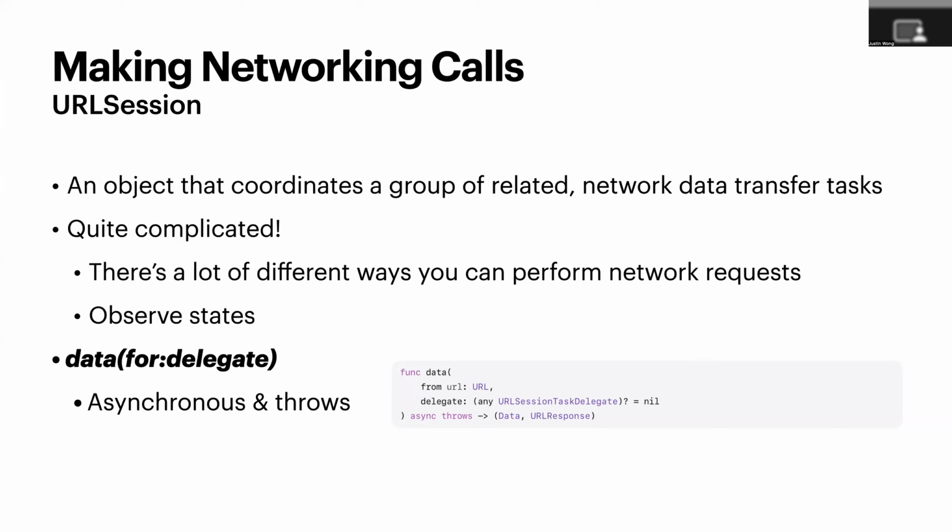There are a lot of different ways you can perform network requests. There are abilities to observe states. For example, when the networking request is happening, it can send callbacks to you and you can observe if it's going well or not. But the function that we're going to be most concerned with is called data(for:delegate:). What this does is it takes in a URL object and it returns this tuple.